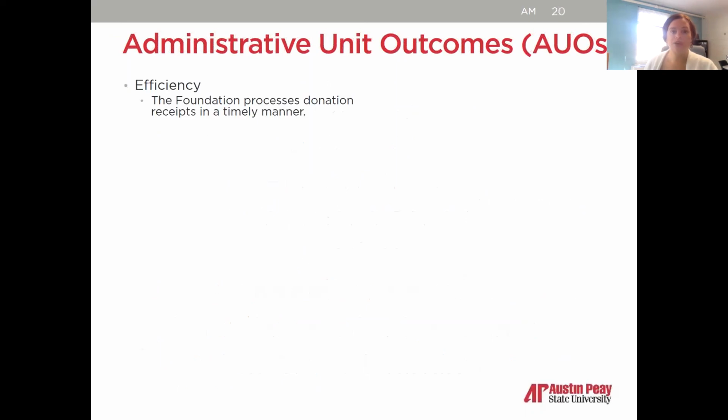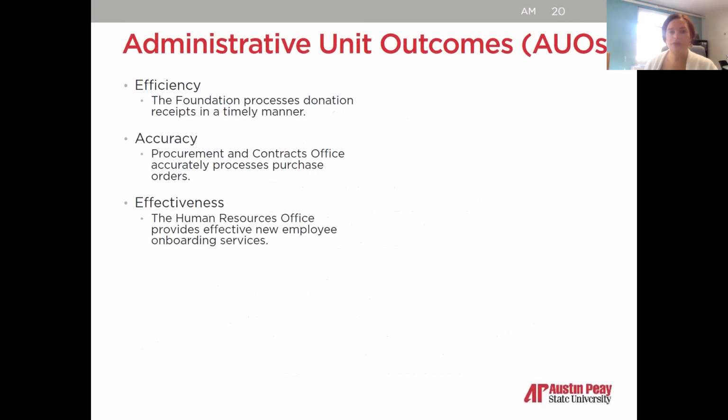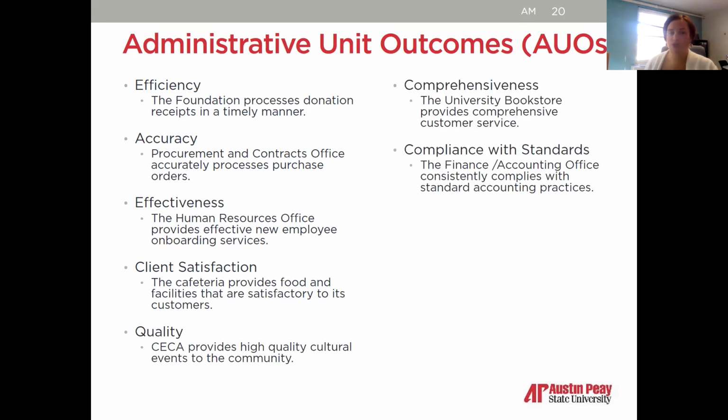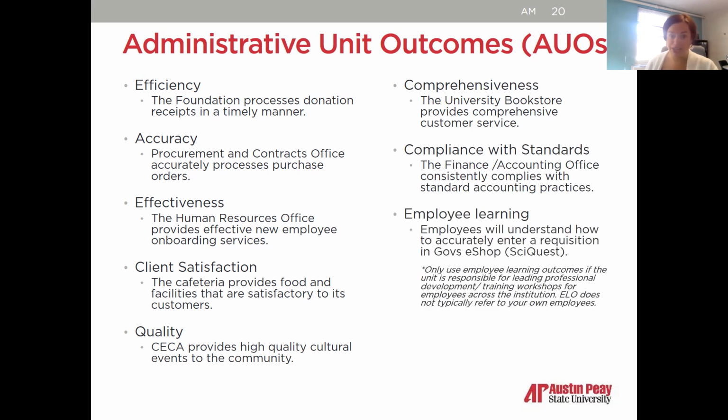So I won't read through all of these, but we have this PowerPoint and we will post it on the website so that you can download it. These are examples of AUOs for sort of each of these buckets. And again, these aren't the only things, but they give you a sense of what these might look like.